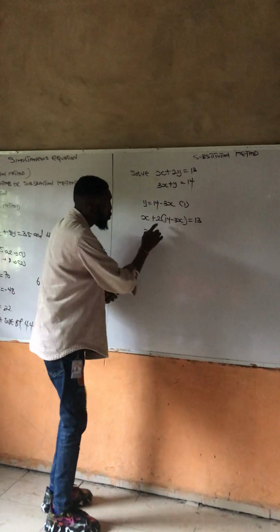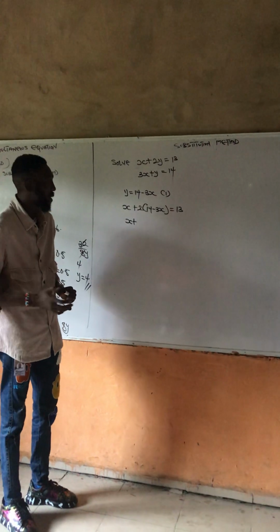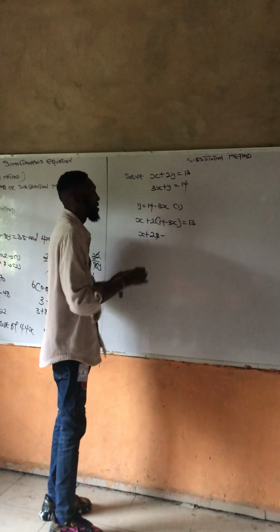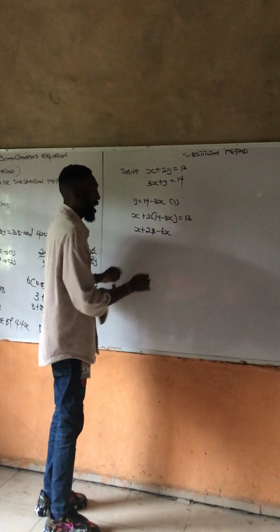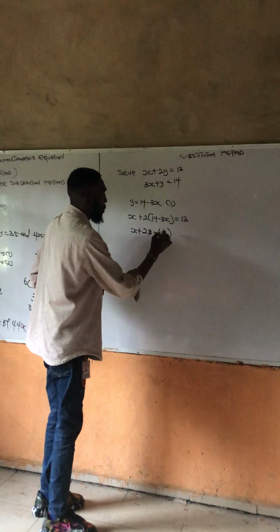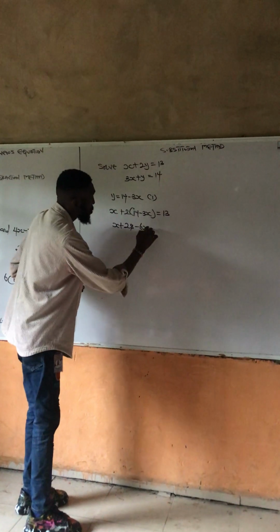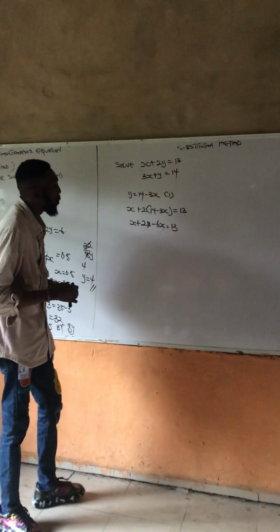I'm going to use 2 to multiply everything inside. So it's going to be 2 times 14, minus 2 times 3, 6x. Don't forget your x. I've already opened the bracket, so I don't need to close it again, equals 13.